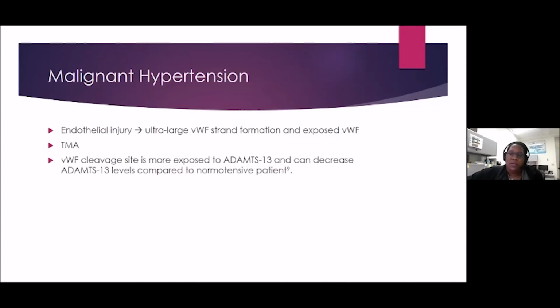And so what ADAMTS13 will do is come in there and try to cut up your von Willebrand factor. And what this ends up doing is actually decreasing your level of available ADAMTS13 in the serum. So this is why sometimes you can have a decreased ADAMTS13 activity with malignant hypertension.